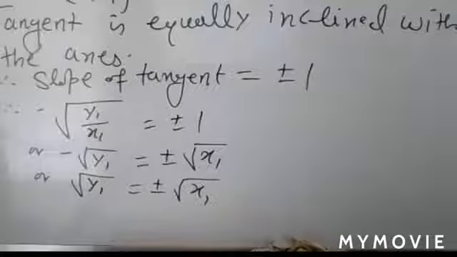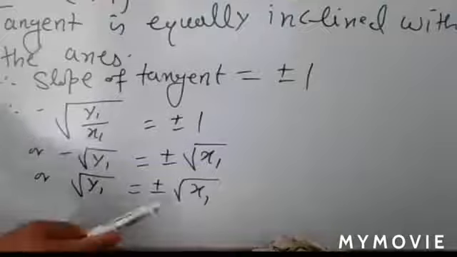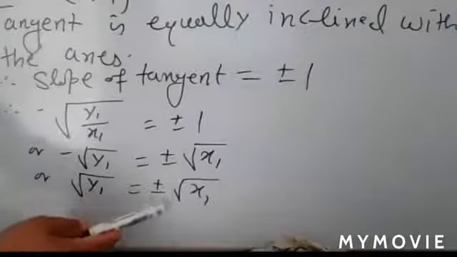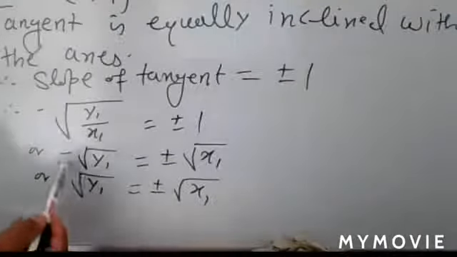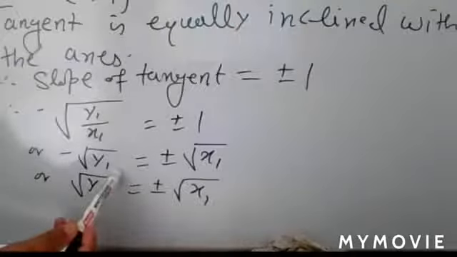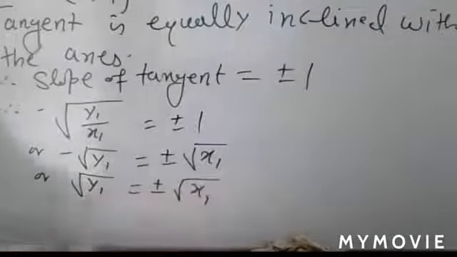बेटे यहाँ तक कोई दिक्कत नहीं है ना? Sir, how is the minus sign removed? This one you transfer here, so here you can write minus plus. Actually here you have minus times of under root y1 is equal to plus minus under root x1.